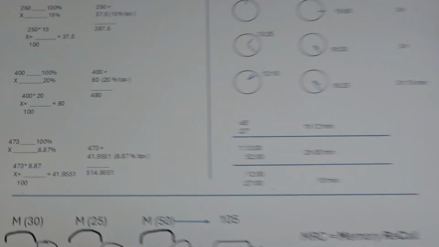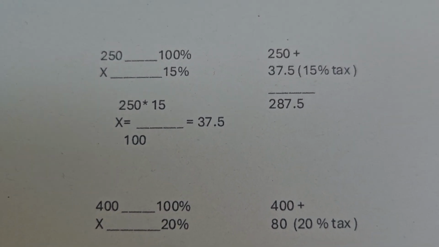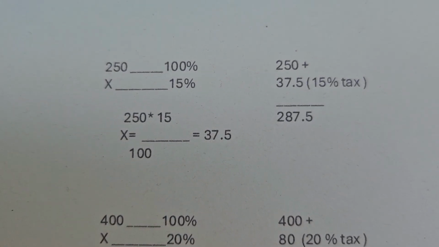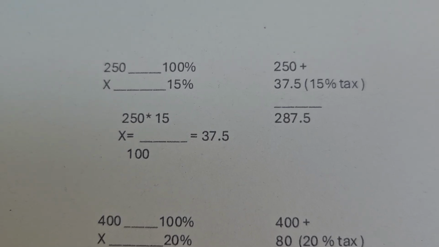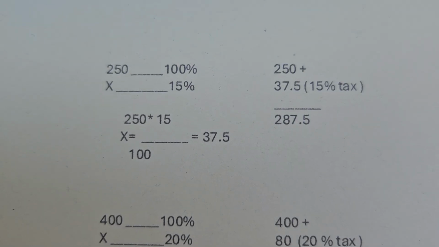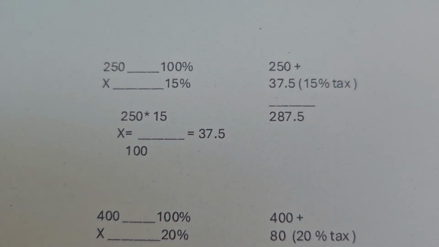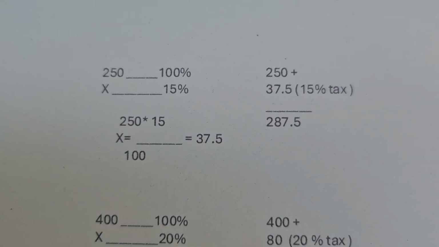So when we calculate the tax, basically we're doing this formula. To add 15% to 250, we are basically doing 250 multiplied by 15 divided by 100, which is 37.5. 37.5 represents 15% out of 250.